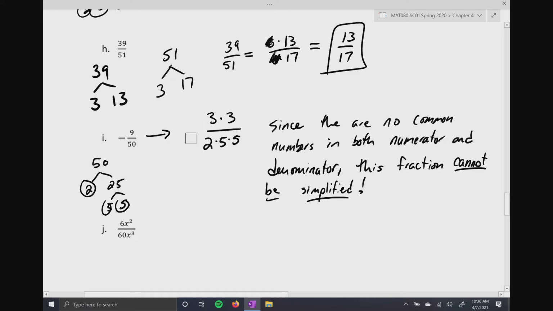So, unfortunately, you wrote down the prime factorizations of each, but it didn't help. But that's a good thing, because like I said, you will be able to visually see whether or not you're done. So negative 9 over 50 does not simplify. It's just negative 9 over 50. There's nothing you could do there.